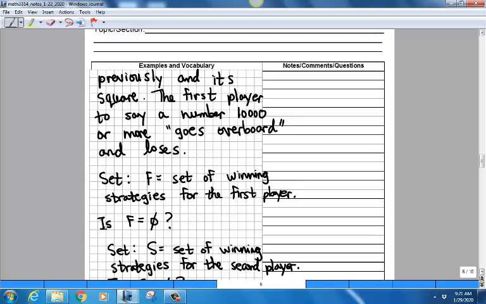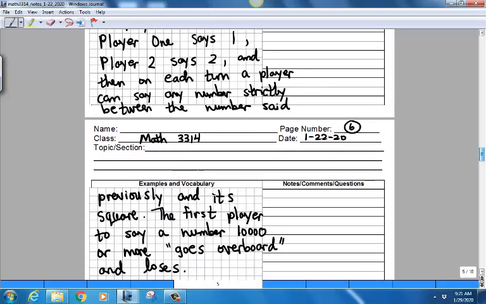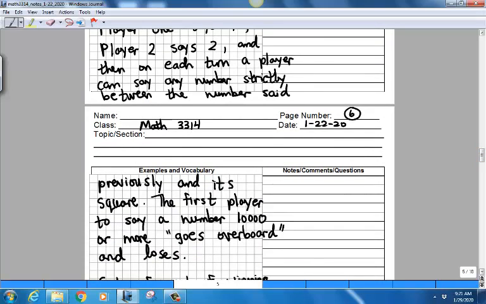I think my rules are correct. We can't pick the square, right? You can't pick the original number or the square. That's right, it's got to be strictly between the previous number and its square. Pretty sure that's right. But if it's not, it's still a combinatorial game, so we can still see if we can discover a winning strategy.